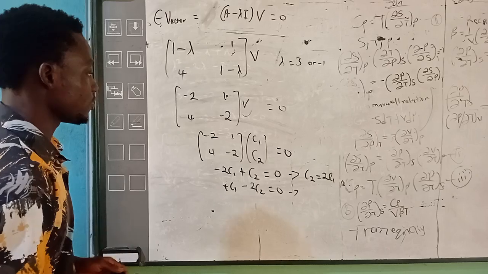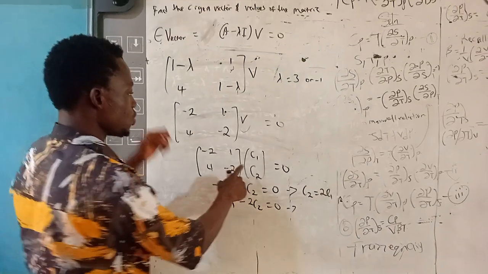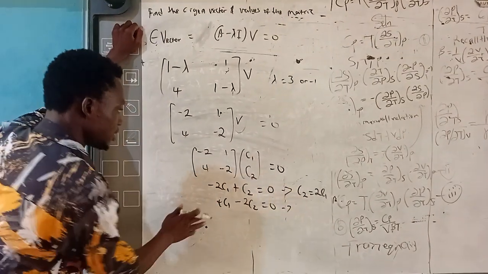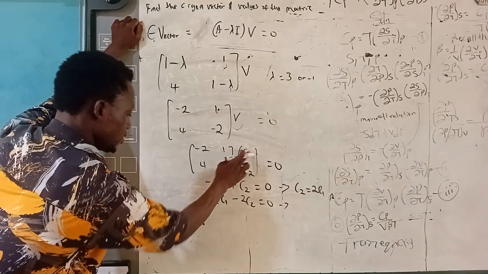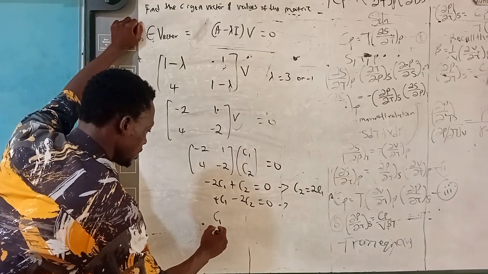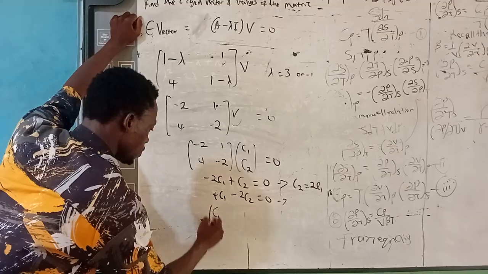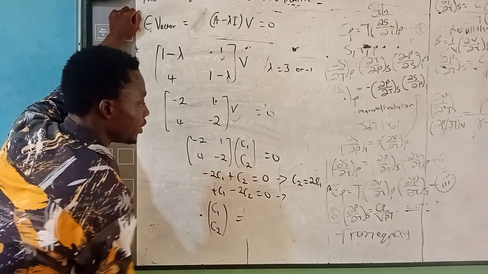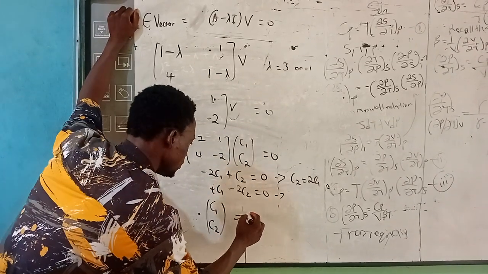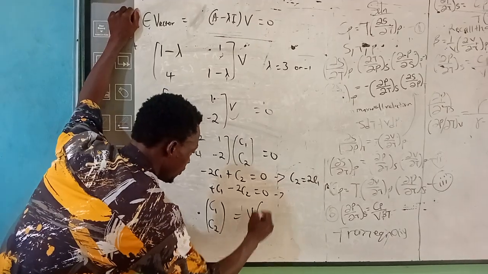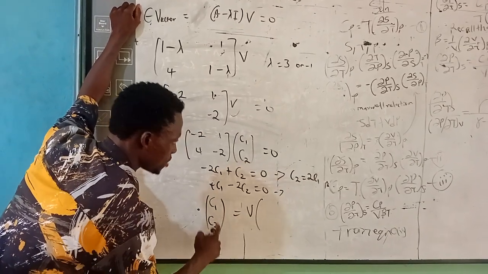Now, let's also test for the next one. Which means we can write this as our C1 and C2. We can write it so that C1 and C2 represent our vector.